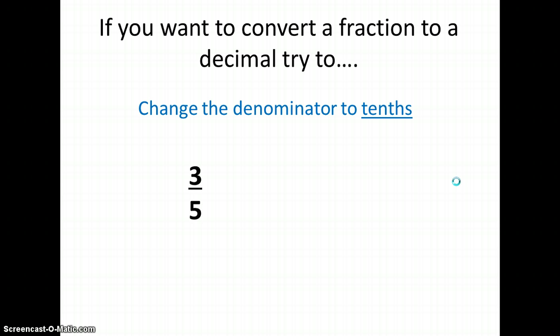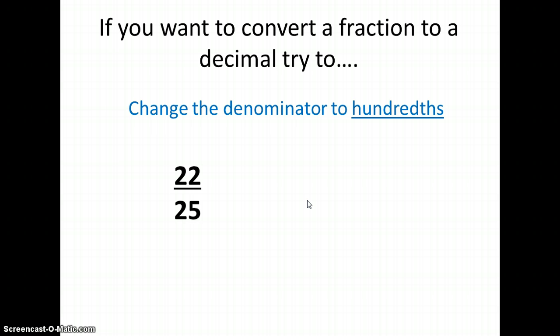So if I'm looking at 3/5, I'm going to make an equivalent fraction of 6/10. And 6/10 is very easy to write as a decimal, because I know it's just a decimal point with a 6 after it, because the 6 is in the tenths place.